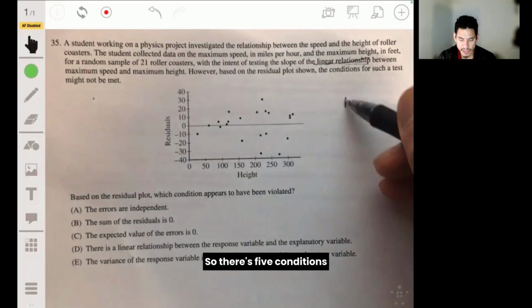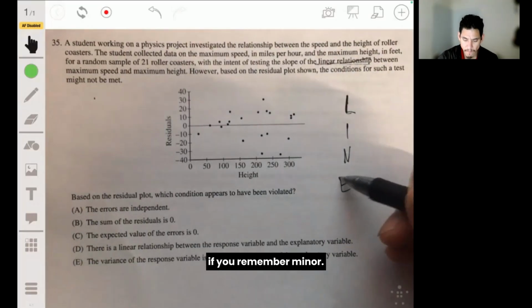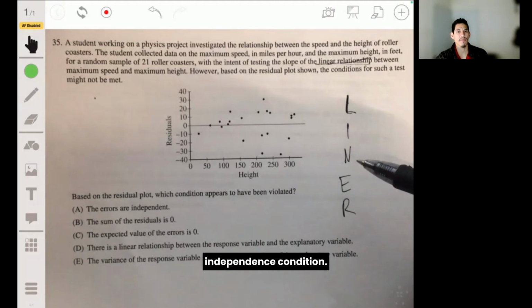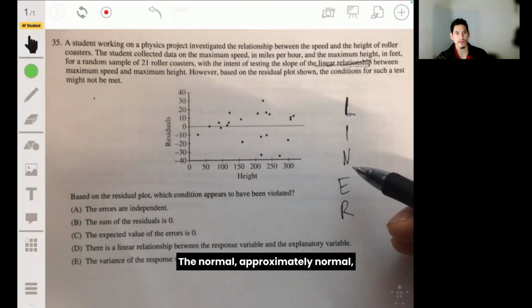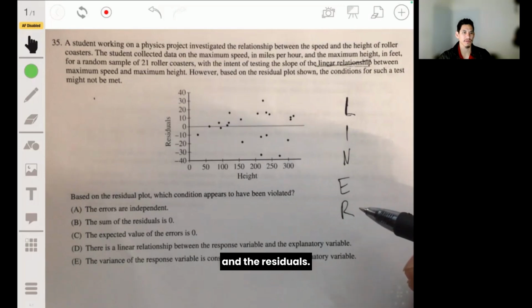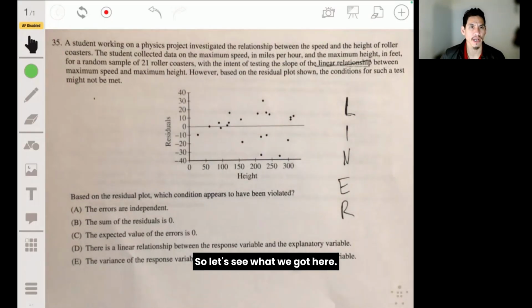So there are 5 conditions you've got to check. An acronym you can remember is LINER. You want to check if it's linear, the independence condition, the normal condition, approximately normal, equal standard deviations, and random. So let's see what we got here.